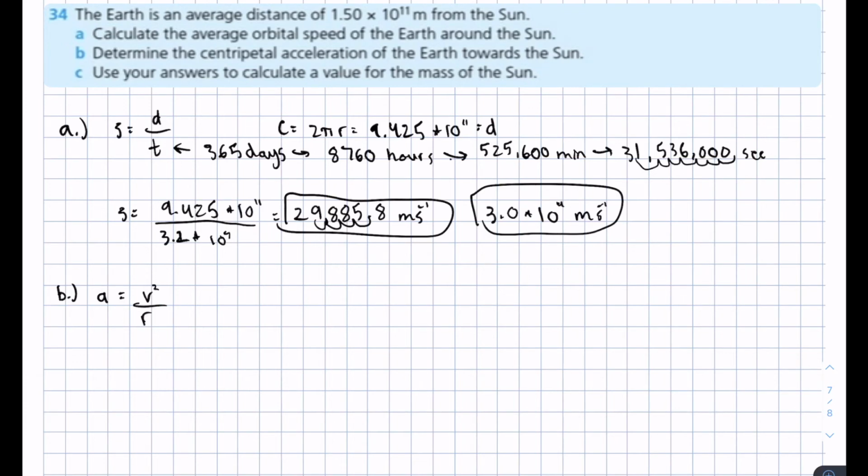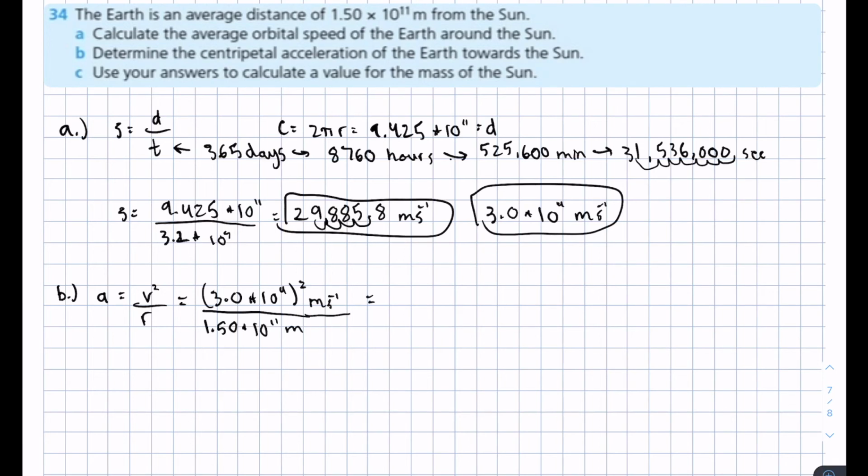So we already know the velocity and we know the radius, so this can be rewritten as 3.0 times 10 to the power of 4 squared over 1.50 times 10 to the power of 11, with velocity in meters per second and the radius in meters.